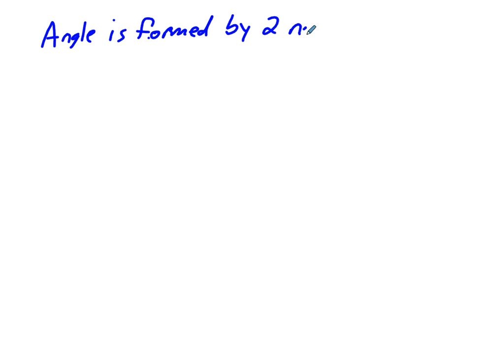The reason why we start with rays in this lesson is because an angle is formed by two non-collinear rays.